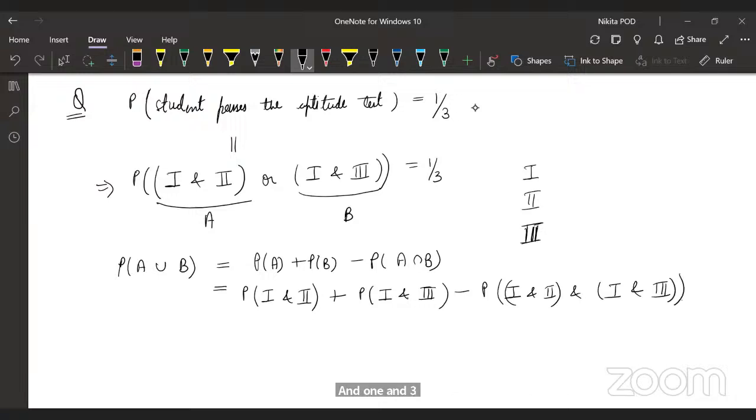What is given to us is that 1, 2 and 3 are independent.